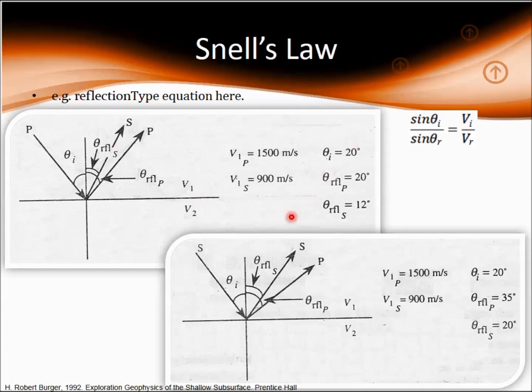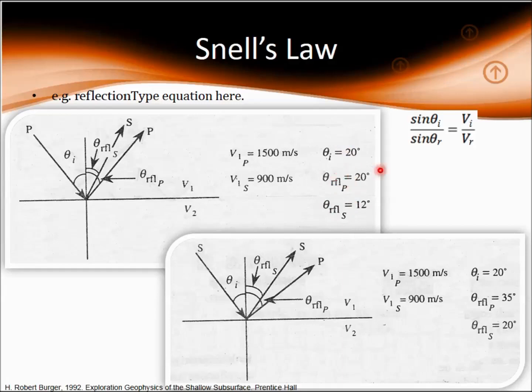Let's say we don't know the angle of reflection of the S wave, so we consider it unknown, whereas the P wave reflection angle is identical, since it is equal to the incidence angle. So it obeys the rule that I mentioned earlier.